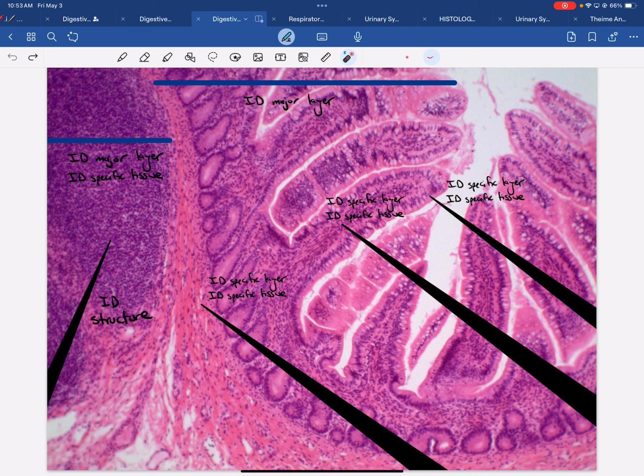What's the function of Peyer's patches? Immune surveillance. Exactly, immune surveillance, good. Yeah, why are there so many lymphatic nodules in the ileum and not in the jejunum or the duodenum? Because it's right before the cecum, where all the bacteria is stored.